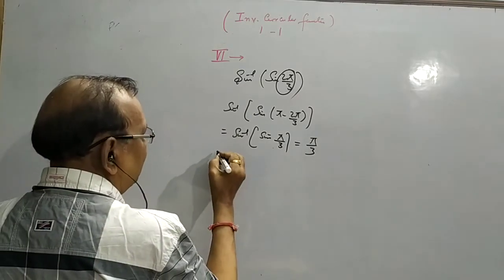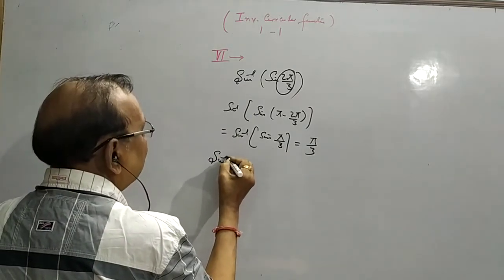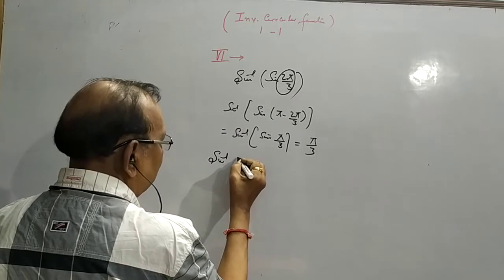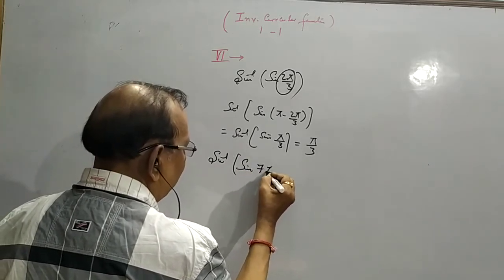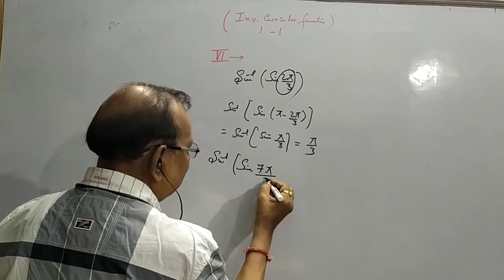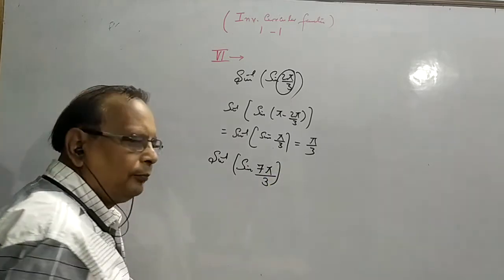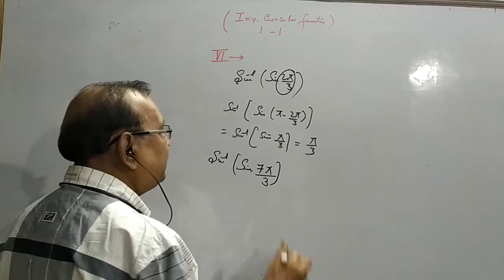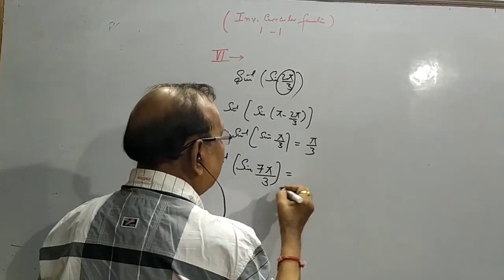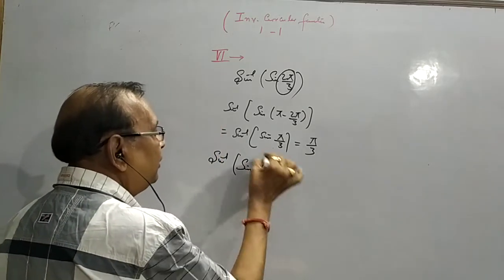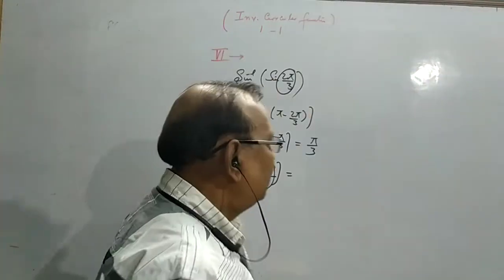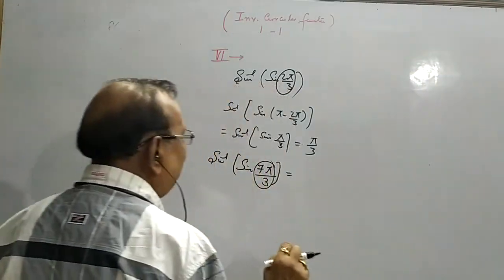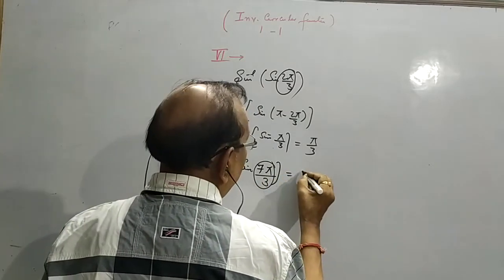Next, sin inverse, suppose sin 7 pi by 3. How will we get it? Convert this within 0 and pi by 2, that is into the first quadrant. How will we convert?